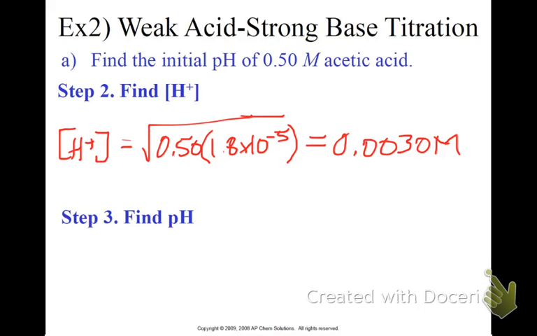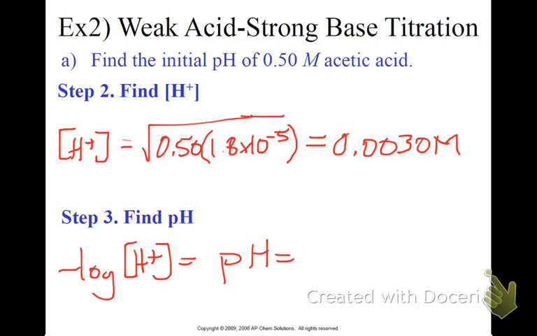So if we do the negative log of the concentration of H plus, that's going to give us the pH. So we're just going to take this value and plug it in. And our pH is going to equal 2.52. So that would be our initial pH of this solution of acid.